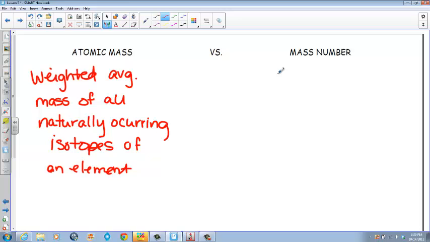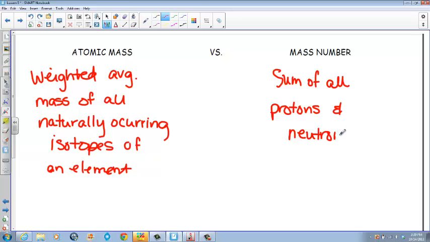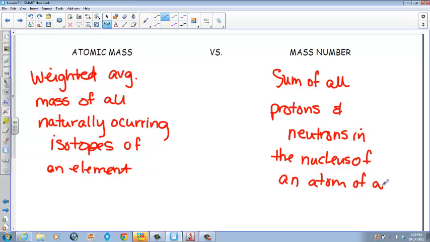And the mass number is simply just the sum of all protons and neutrons in the nucleus of an atom of an element.